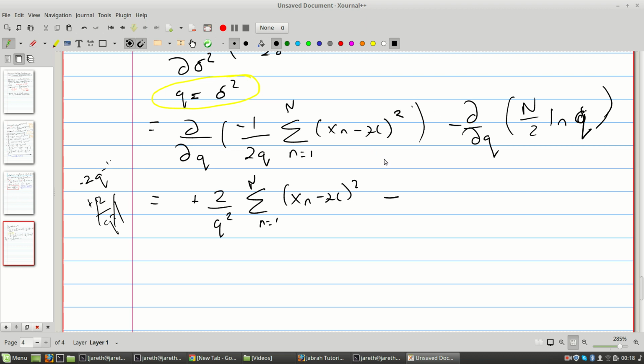So this should give us minus N over 2q, and this is equal to 0, right?